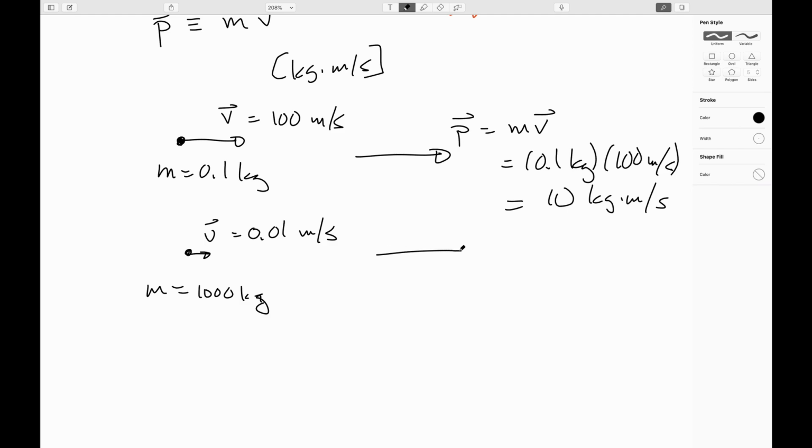It would turn out, in this case, that the momentum is exactly the same. P equals mv. So 1,000 kilograms times 0.01 meters per second still gives us 10 kilogram meters per second. So both the speed and the mass of the object are at play, and you could have a small object moving fast have the same momentum as a big object moving slow.